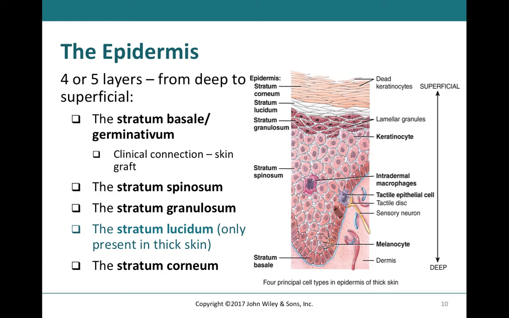The stratum lucidum is only going to be present in our thick skin. So it'll be in the fingers, palms, and soles. And then finally the stratum corneum is going to be the most superficial layer, and it is going to contain dead cells.